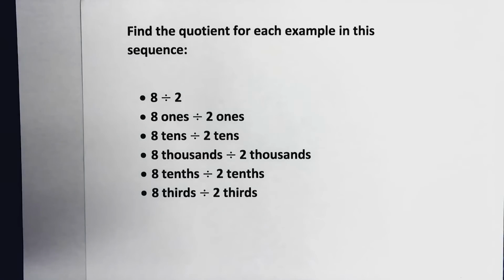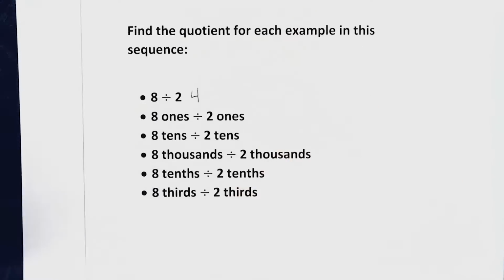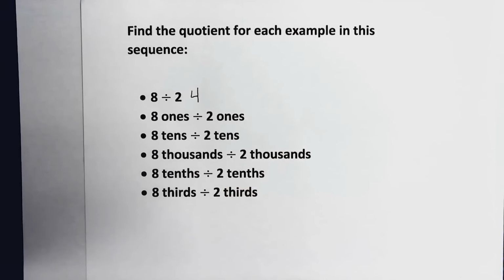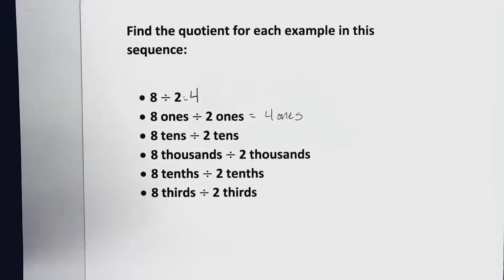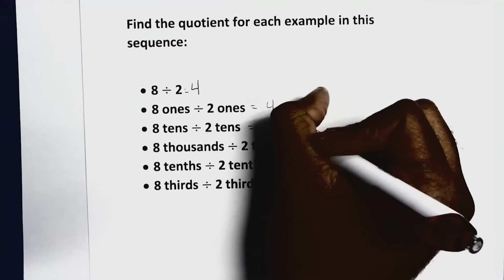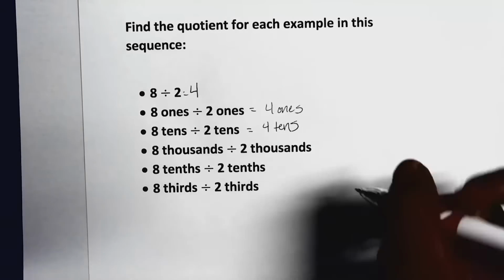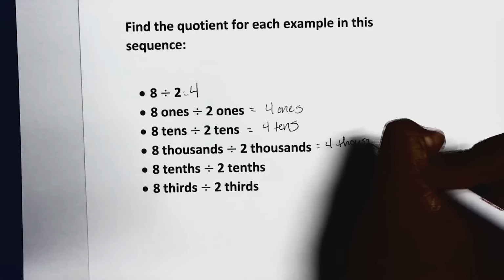All right, so let's check those answers. So 8 divided by 2 is 4. 8 ones divided by 2 ones is 4 ones. 8 tens divided by 2 tens is 4 tens. 8 thousands divided by 2 thousands is 4 thousands.